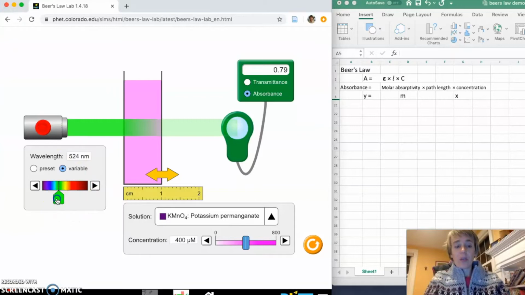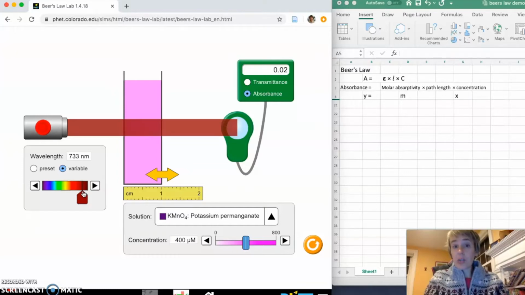So I can slide the slider across the light spectrum and see how absorbance changes with wavelength. As we suspected, the purple light pretty much goes right through. Absorbance increases as we get into the greens and yellows, and then it goes back down. One thing that's really important for Beer's law is finding the right wavelength to monitor.